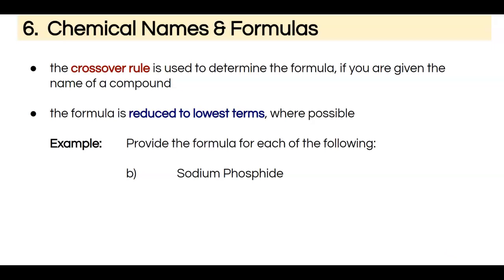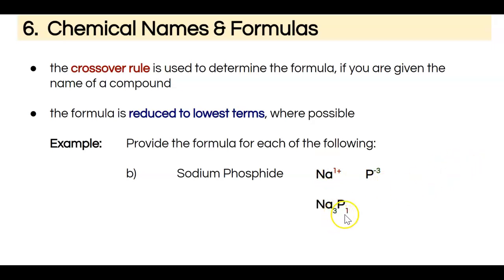Take a minute to try and get the formula for sodium phosphide. All right, so I started by looking up the chemical symbols for sodium and for phosphorus, and then I'm indicating their most common ionic charge. Then I simply take those charges, ignoring whether it's positive or negative, take the value of the charges and cross them down, making them subscripts for the new compound that forms.